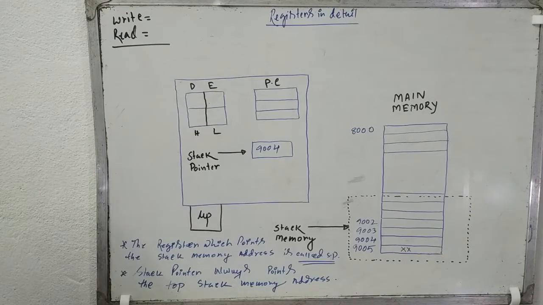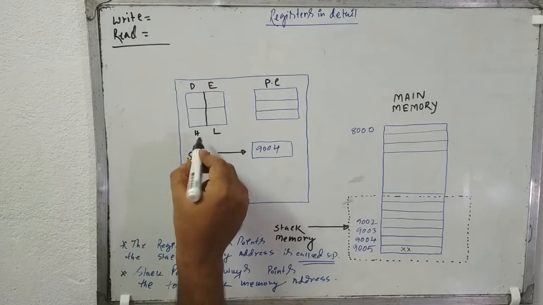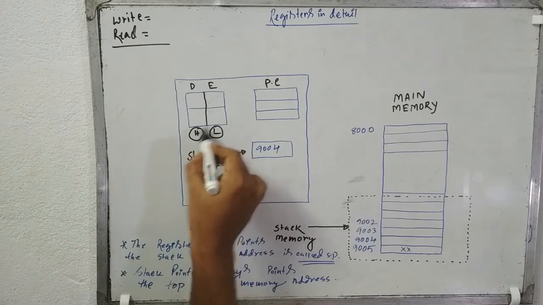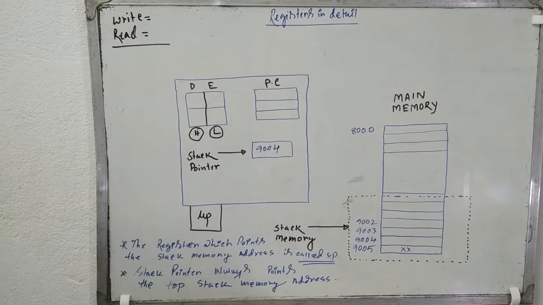If you want to perform the write operation, let's assume something first. Let's assume that the HL register pair has been holding a particular address for a long time.